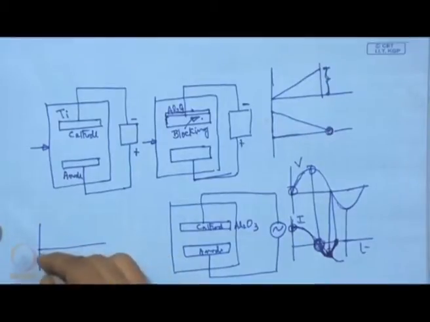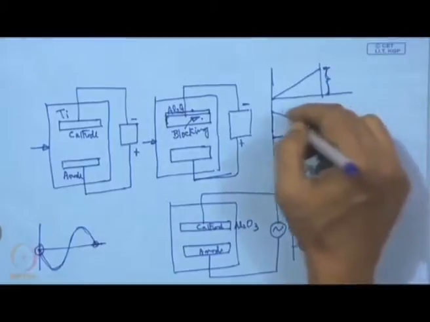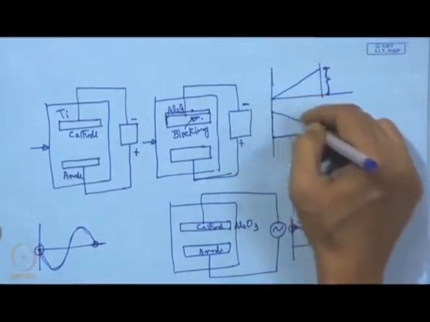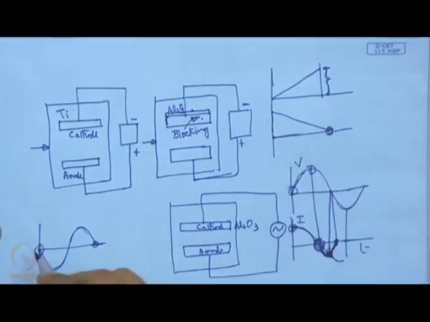That means it is going to be 0 over one full cycle. In case of DC it is one directional and it comes almost to 0, but in the alternating case it follows this sine curve.